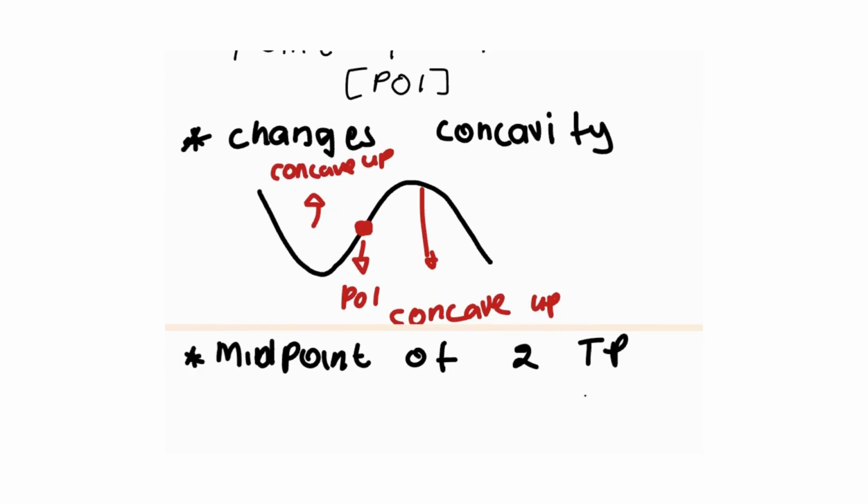Meaning, the first method in which you can calculate the coordinates of the point of inflection is to use the midpoint formula. If they provide you with the 2 turning points, let's say -2 and -3, and then 1 and, let's say, 2.